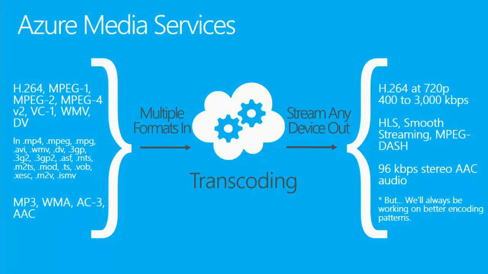What we're actually doing today with video for Office 365 is outputting it at H.264 at up to 720p, and anywhere between 400 and 3,000 kilobits. We're going to be doing a bunch of different rates of those so that we can do adaptive streaming. Then we'll stream it out with HLS, smooth streaming, or MPEG-DASH automatically on the fly.